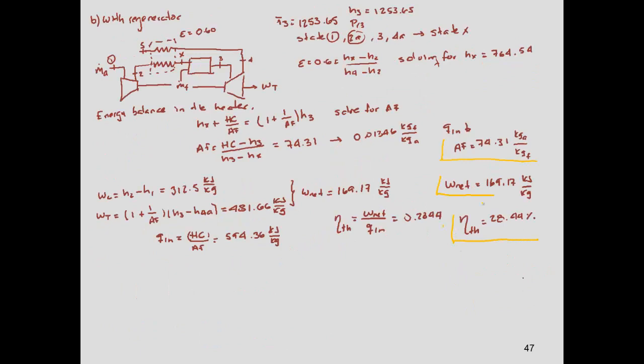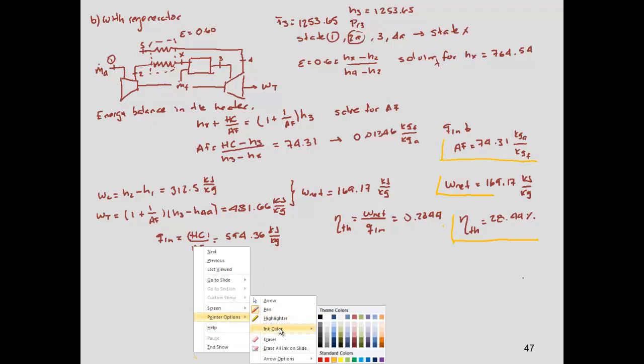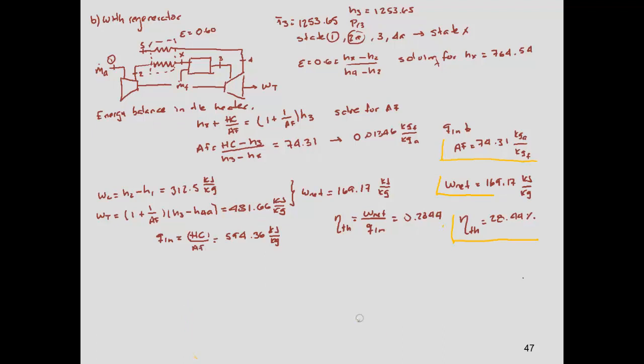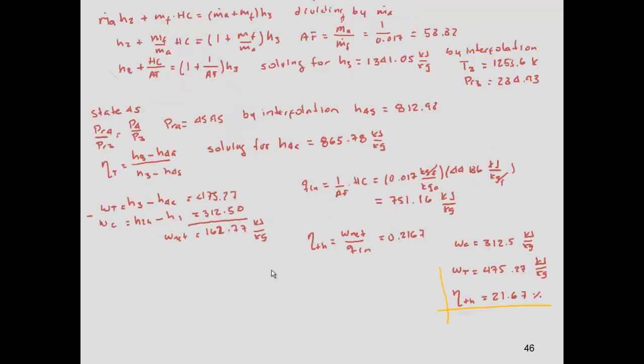Finally, we disregarded the pressure drop, so we are going to indicate what will be the effect. In order to introduce the pressure drops, we will need to change P3 to be P2 minus 20 kilopascal, and P4 equal to P1 plus 3.4 megapascal, since we are having a pressure drop across.